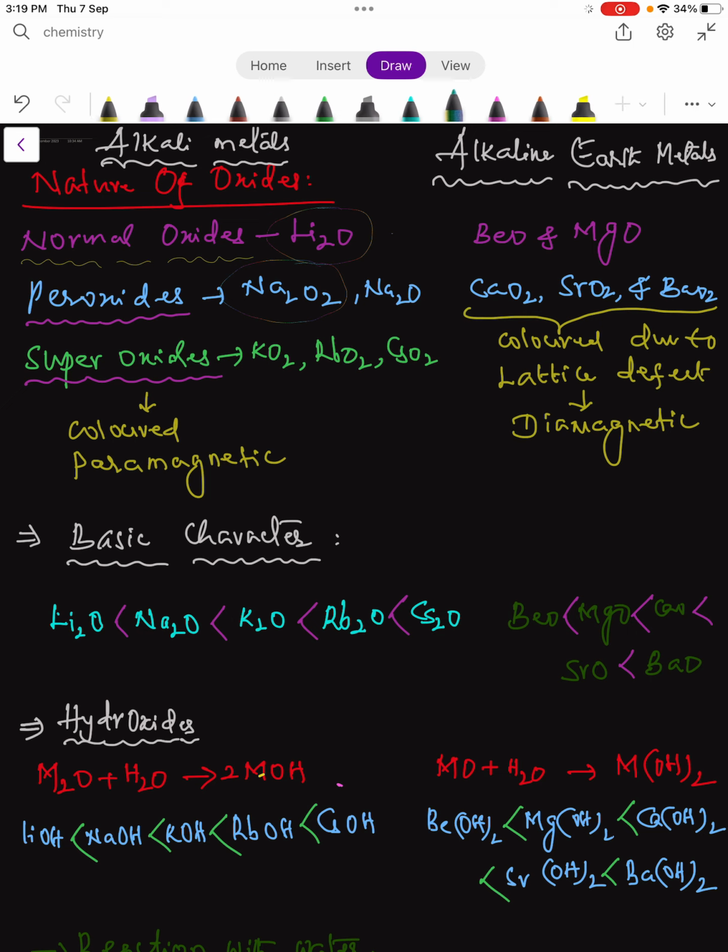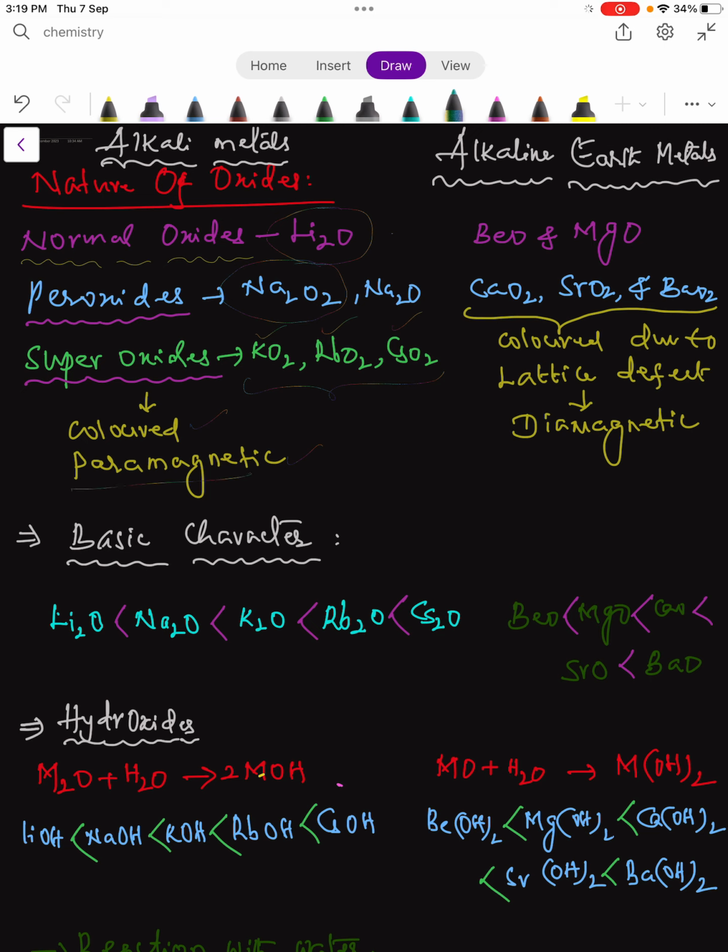Next, let us see superoxides are formed from potassium onwards. Potassium, rubidium, cesium can form superoxides, right? And these superoxides are colored in nature, and at the same time they are paramagnetic in nature. So most of these compounds are paramagnetic.